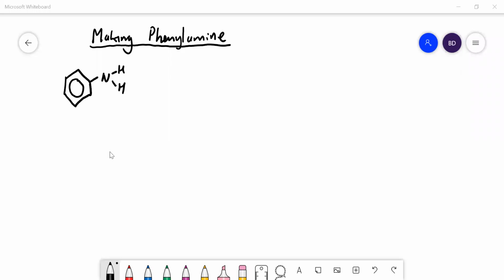Okay, we're going to talk about how to make phenylamine, this stuff here. By the way, the phenyl group is a benzene ring. It's like an alkyl group, so it would be C6H5.